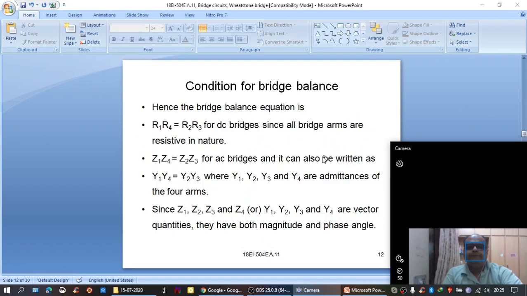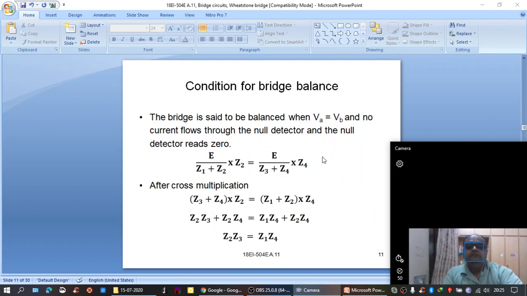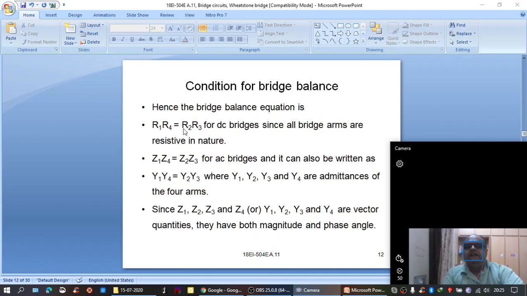Up to here we have seen the general condition. Hence the bridge balance condition is R1 R4 equal to R2 R3 for DC bridges, since all the bridge arms are resistive in nature.